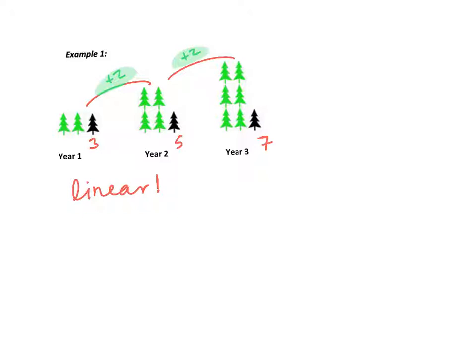So what is the generic function for a linear pattern? Anyone? If you said y equals mx plus b, you are absolutely right. Go ahead and pause this. Hopefully your neighbor is watching this at the same time as you. Pause this and tell your neighbor what the m stands for and what the b stands for in y equals mx plus b.